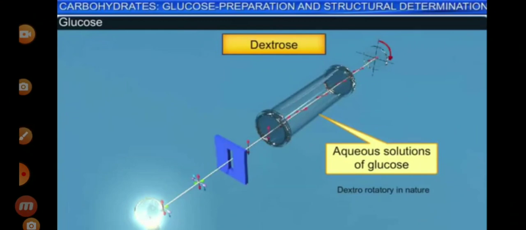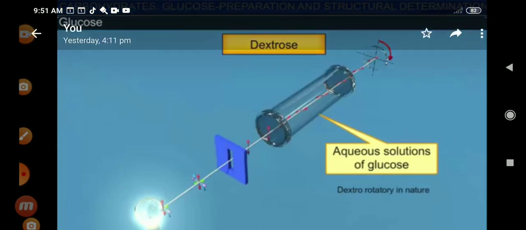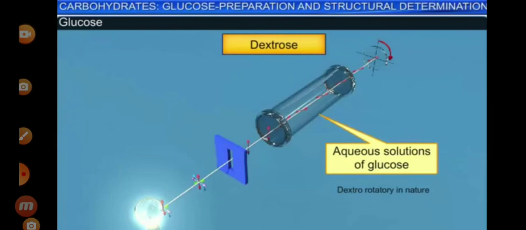Such compounds are called dextrarotatory in nature. Therefore, the sample taken here, the aqueous solution of glucose, rotates the plane of polarized light in a clockwise direction, so it is called dextrarotatory in nature. Therefore, such samples are called dextrose.